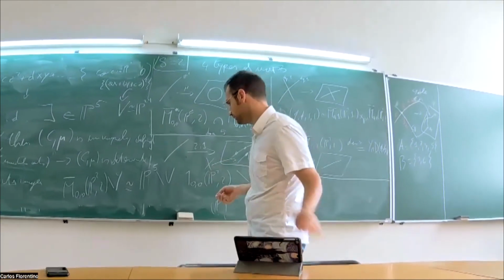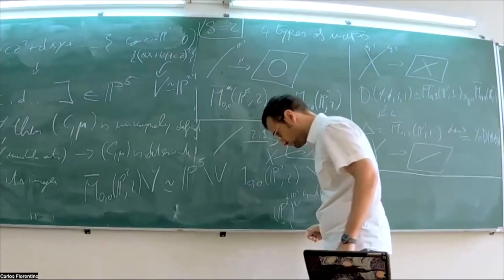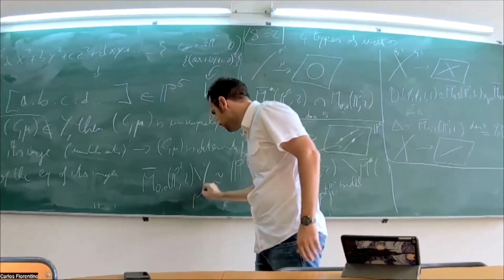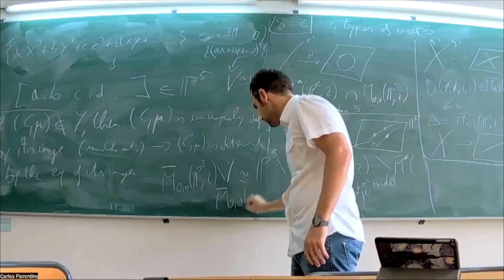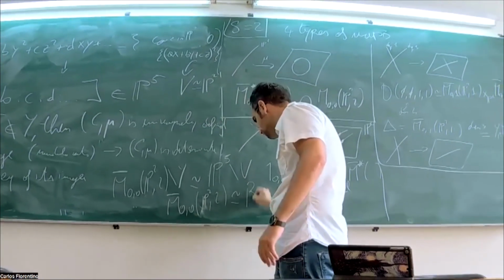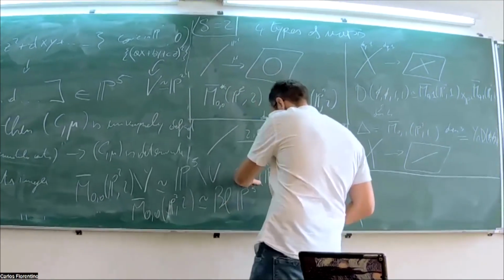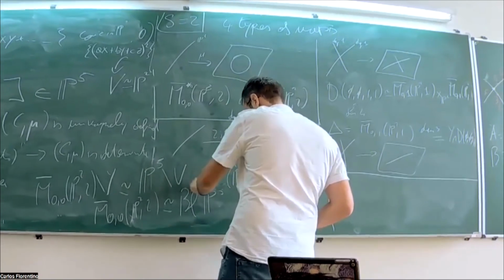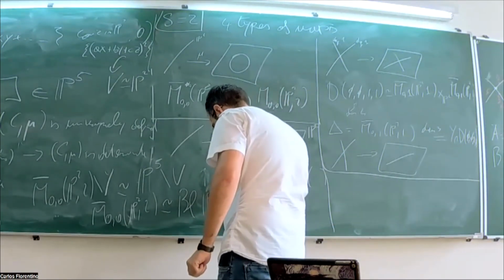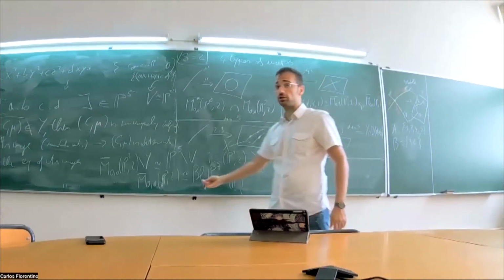And it can be proven that all of M bar 0,0 (P2, 2) is isomorphic to the blow up of P5 along V. And this is called the space of complete conics.